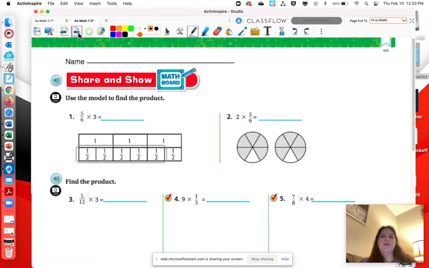We're going to do a few more here. Now they obviously have circled these for you. I want us to rewrite this problem as 5/6 times 3/1. So go ahead and write that down. Do 5 times 3 is 15, and 6 times 1 is 6.